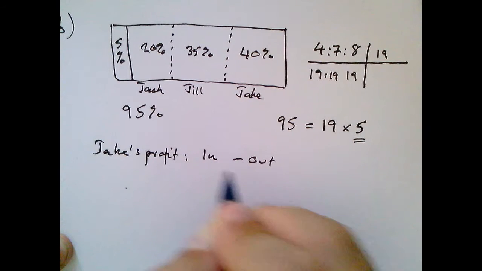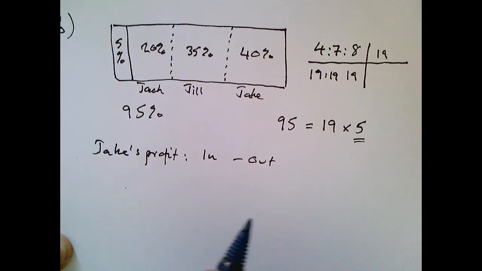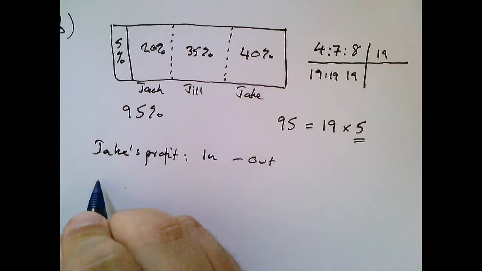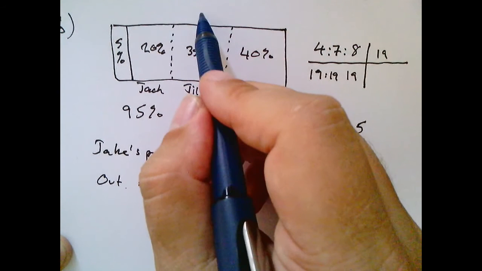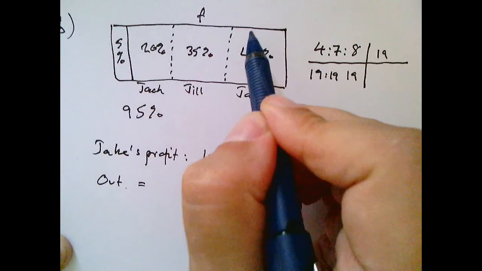So what he gets coming in minus what he spends. Now, they each pay W pounds per kilo. So out is, and we know this is all F kilos.